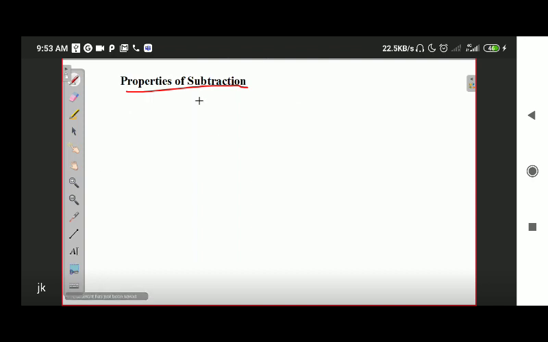Properties of subtraction. First of all, subtraction holds no particular properties as such. In addition we had the closure property, and that is also applicable for subtraction.